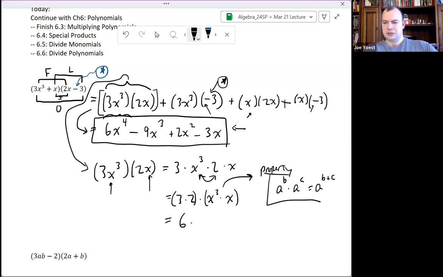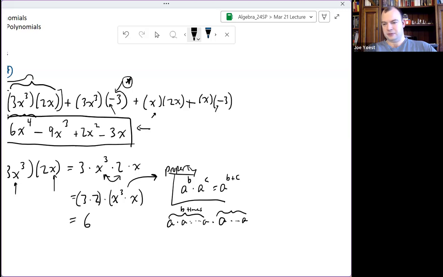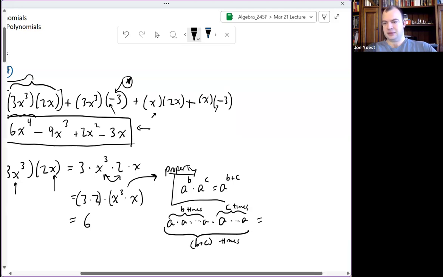We saw that if b and c are integers, a to the b is like multiplying a by itself b times, and a to the c is like multiplying a by itself c times. So overall, we're multiplying a by itself b plus c times. So that's a to the power b plus c.